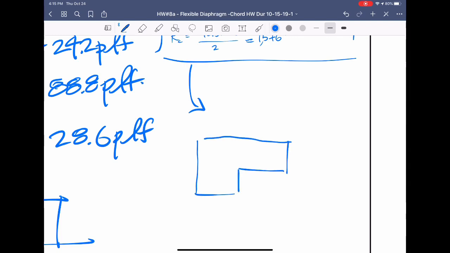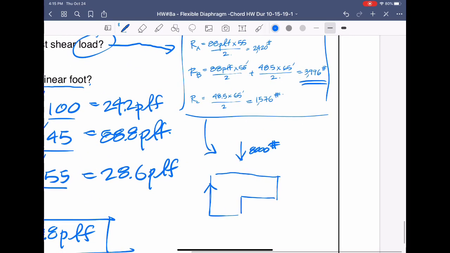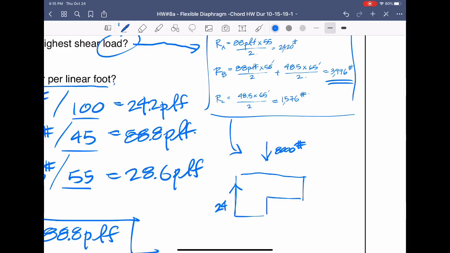We're saying that the total load coming in, it doesn't matter which direction, whether north, south, or south, north, is 8,000 pounds. The reaction here is 2,420 pounds, the reaction here is 3,996 pounds, and the reaction here is equal to 1,576 pounds.